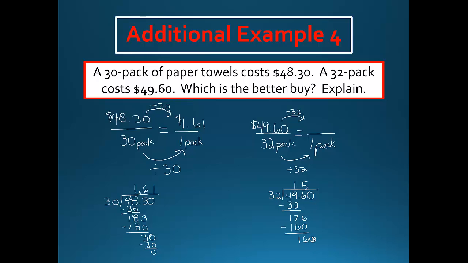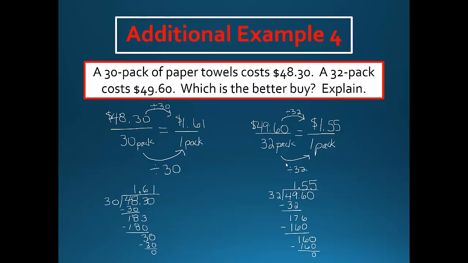So 32 will go into 160 5 times. And we know from the last one that 5 times 32 is 160. And when I subtract, I get 0. My decimal will go straight above. So my answer is $1.55.